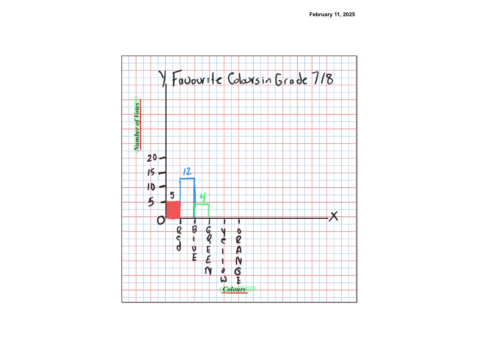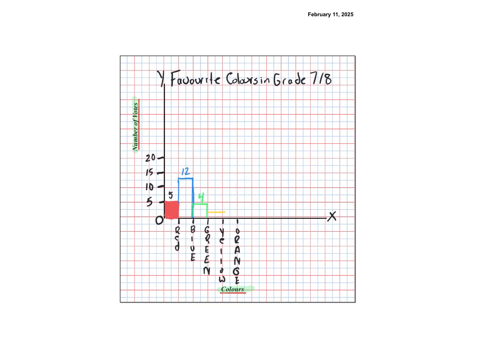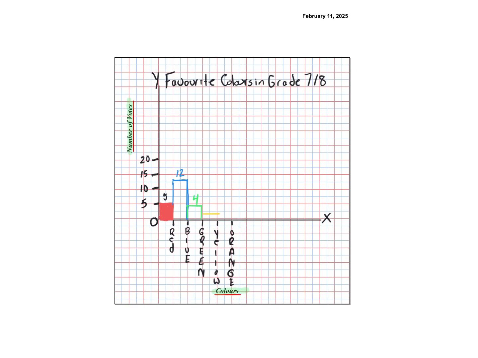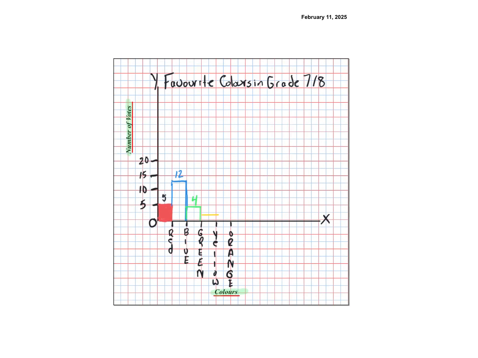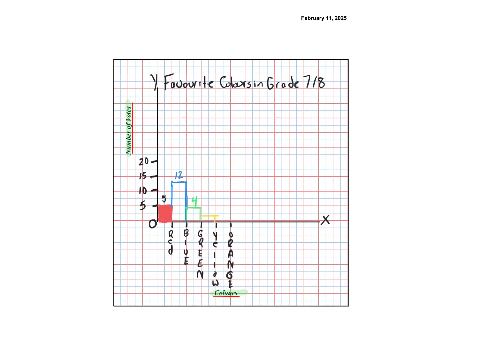Now, yellow had a total of 2. Yellow was actually really low, so we're not going to get too high with it. Just about there. Okay.